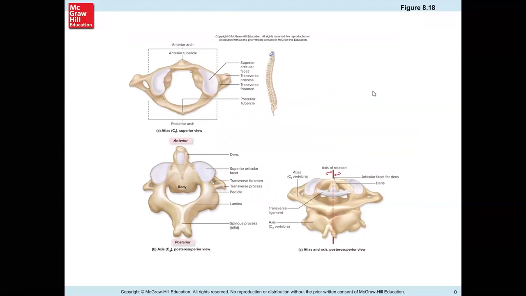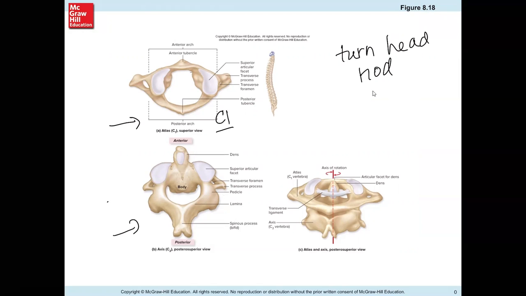Okay, so here's the atlas, and here's the axis. The atlas and the axis are what allow you to turn your head and nod up and down. So nod yes and no, and turn. They actually articulate with each other. Here's the atlas, so this is C1, the top one.